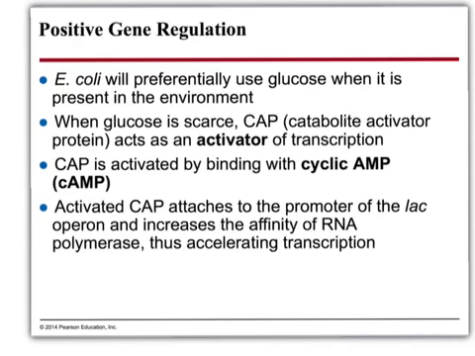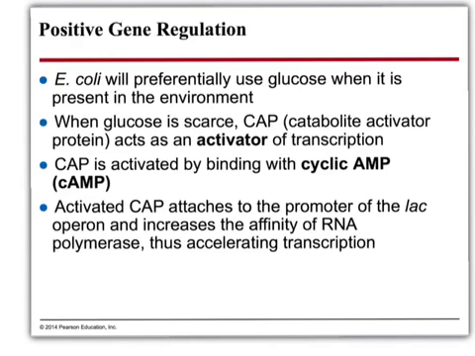Now, what operon do you think is going to be involved here? Glucose low, probably the LAC operon. So activated CAP attaches to the promoter of the LAC operon and increases the affinity of RNA polymerase, thus accelerating transcription. So in terms of the LAC operon, you actually have two things going on.